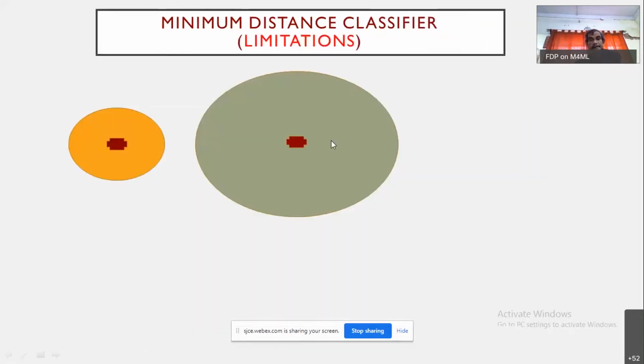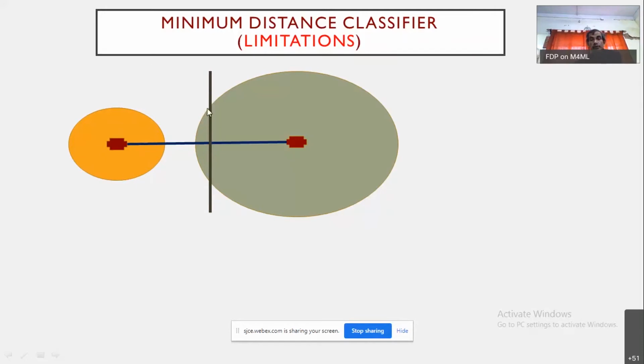Now, let us say that I have two classes. One is a very big class, say poor people in India. The second class is rich people in India. Then how will the perpendicular bisector look? This is my perpendicular bisector. Now, all points to the left of this are classified as class 1, the rich class.